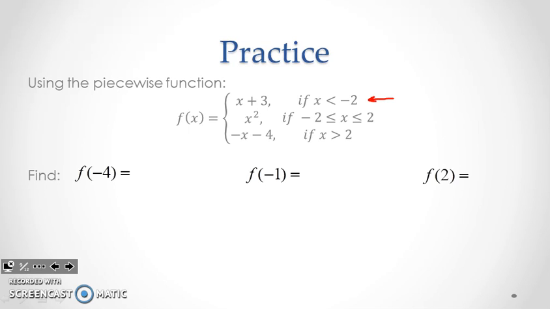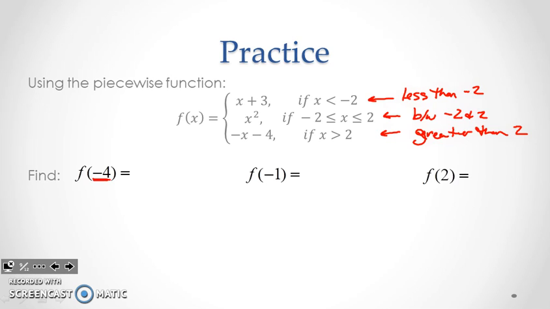Here my x is less than -2. Here my x is going to be between -2 and 2. And here my x is going to be greater than 2. That's what we're thinking on these. First one, f of -4.